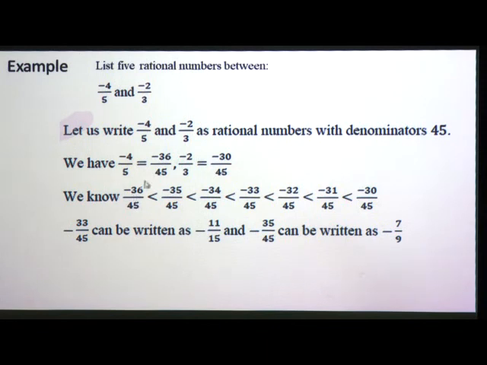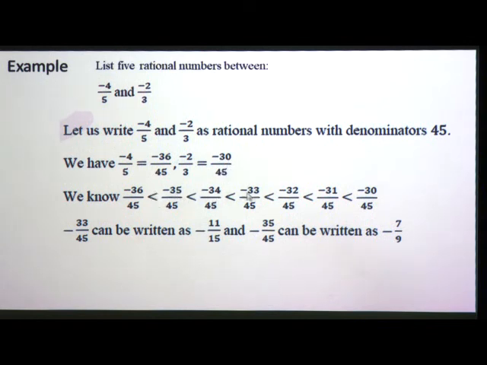When we go from left to right, the values increase, and when we go from right to left, the values decrease. So, the values towards the left hand side are the lowest, from minus 36 upon 45 till minus 30 upon 45.